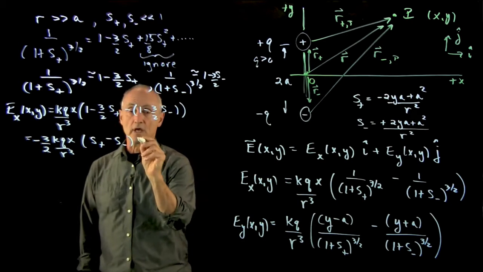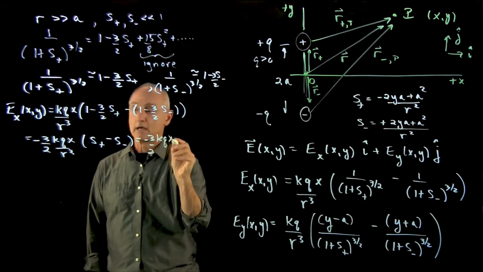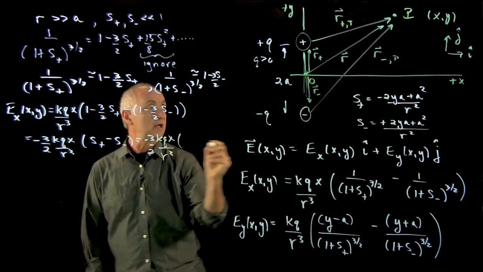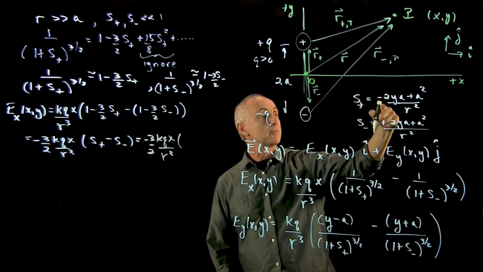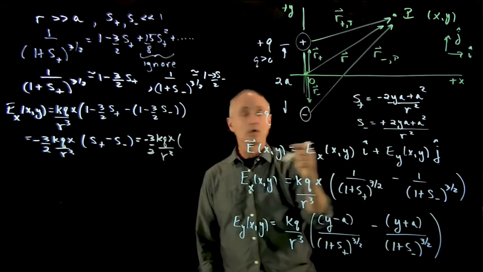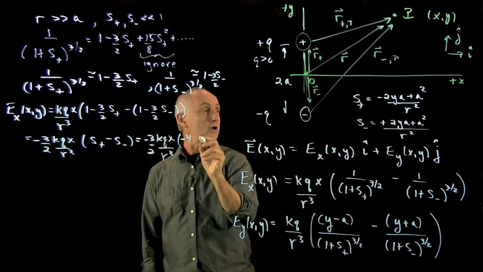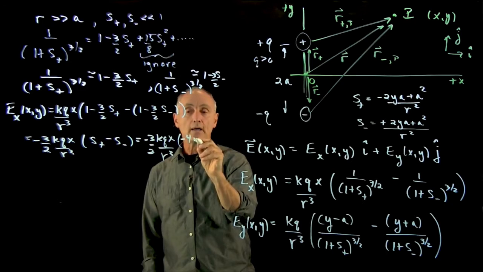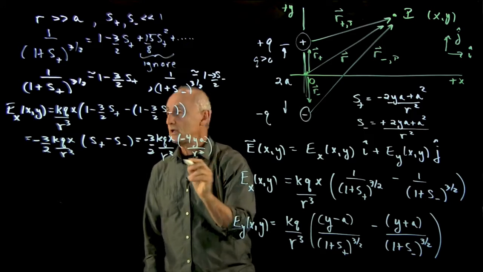So this becomes minus 3 halves kqx over r cubed. When we subtract these two terms, s plus minus s minus, we get a negative sign, 4, so we have a minus 4 y a over another factor r squared.